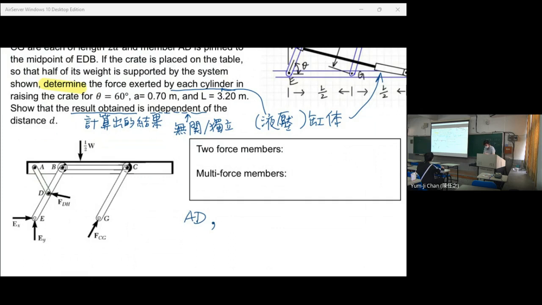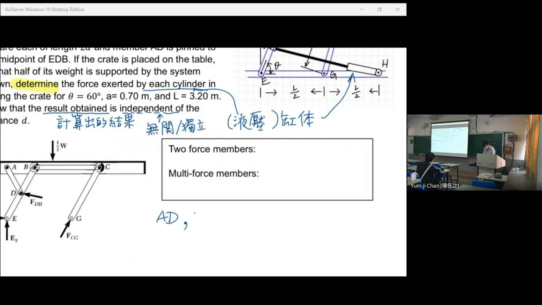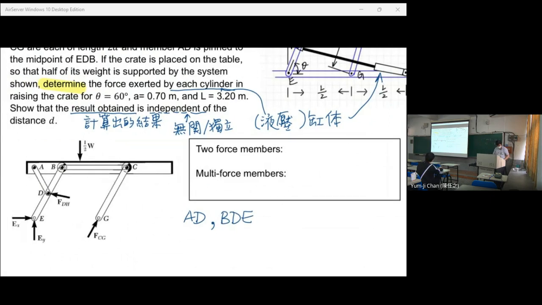BE or BDE, very good. Others? CG, and we have BC, and we have what else?